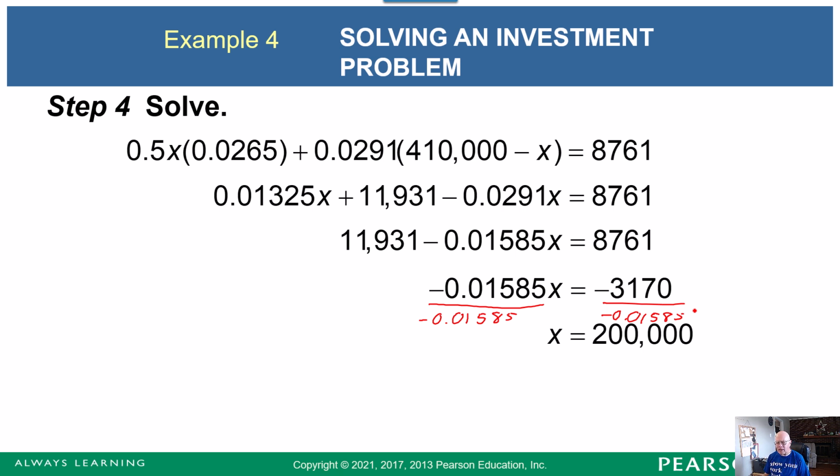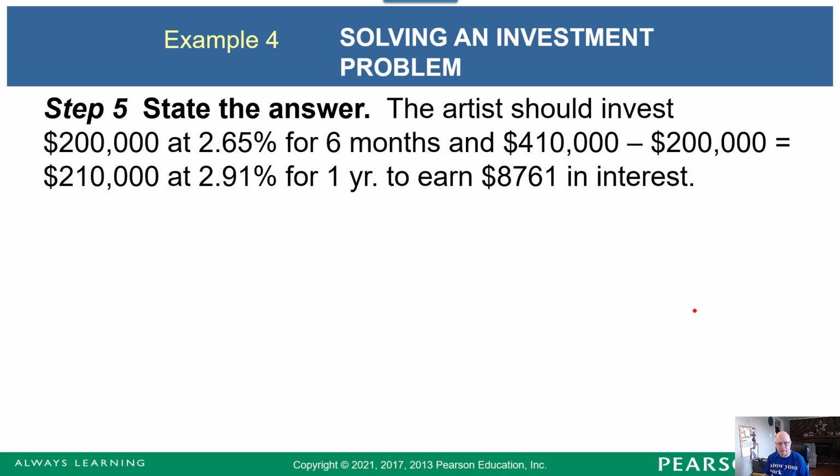Now what does that mean? Well, if you wrote it down, what did X represent? It's how much was invested at 2.65%. So you need two answers, one for the investment at 2.65%, and the second part will be how much at the 2.91%.